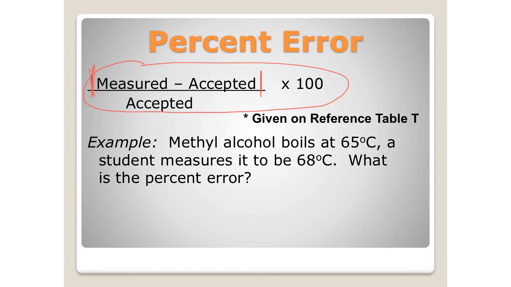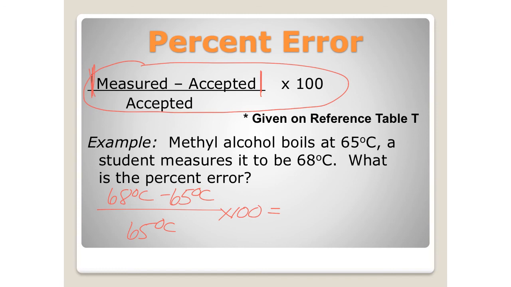And you figure out which one is accepted by reading comprehension. So methyl alcohol boils at 65 degrees Celsius. A student measures it to be 68 degrees Celsius. What is the percent error? So my measured is 68. My accepted, the real value, is 65. Divided by 65 times 100. So I have 3 over 65.